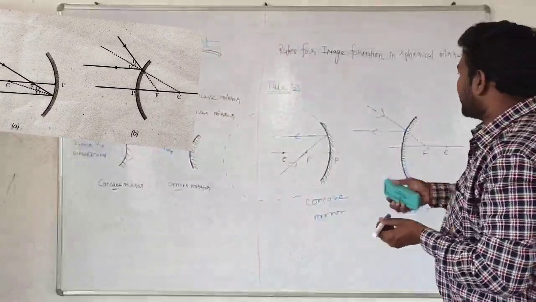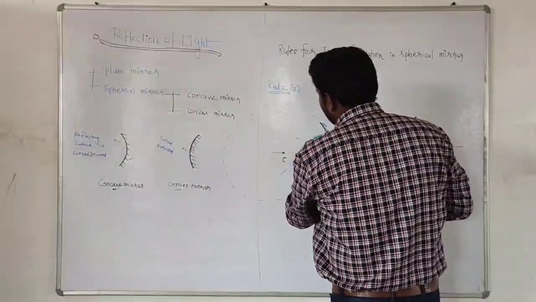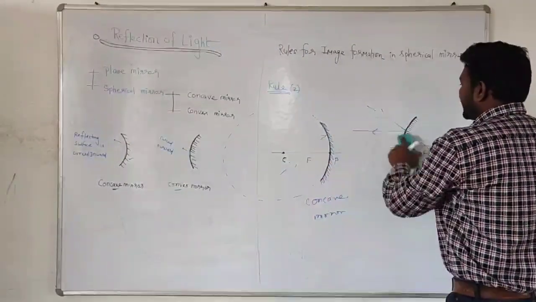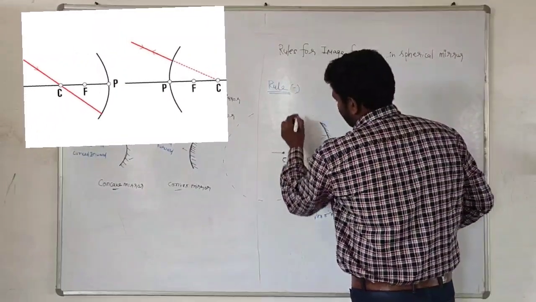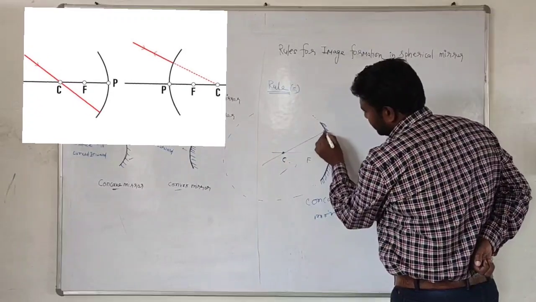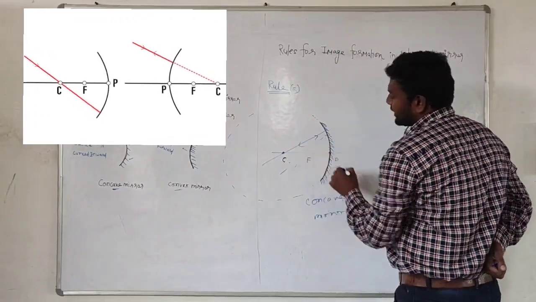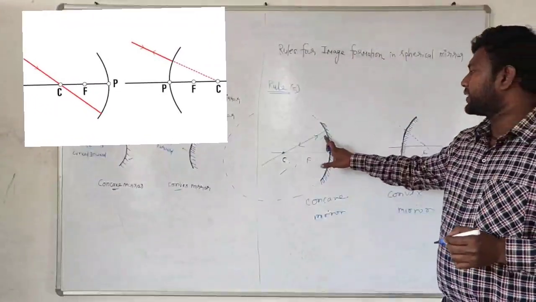And the last and very important rule: what happens when a ray of light passes through the center of curvature? When a ray of light passes through the center of curvature, after reflection it is sent back along the same direction.